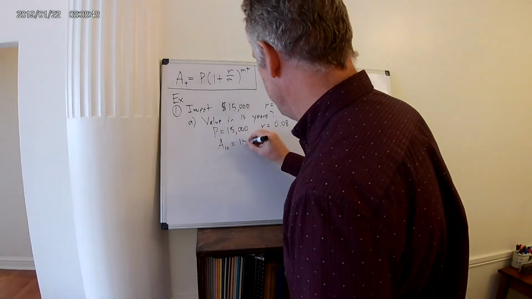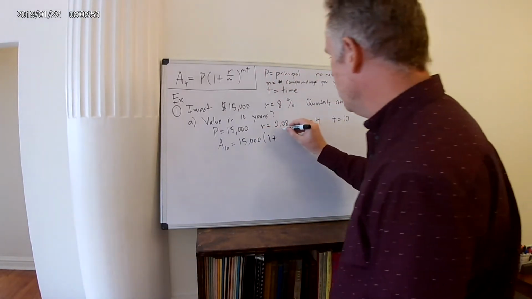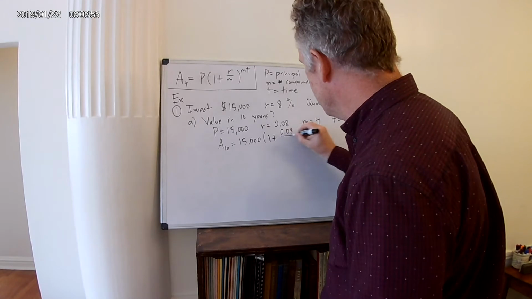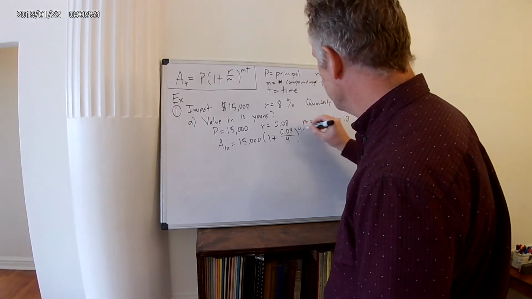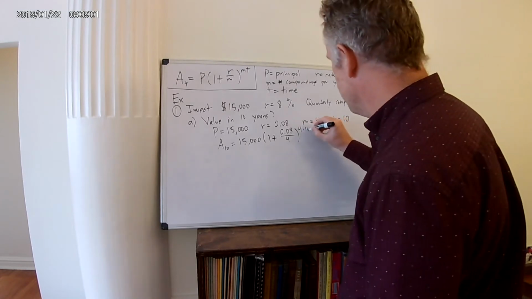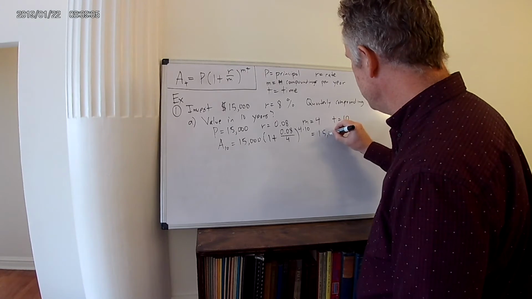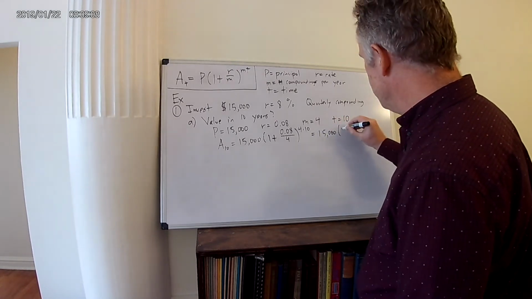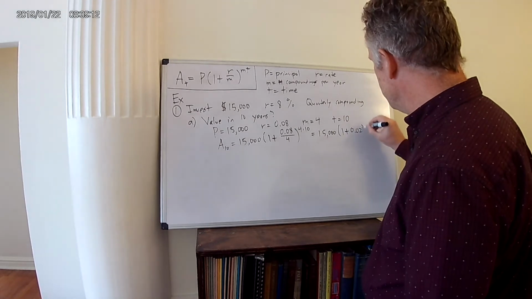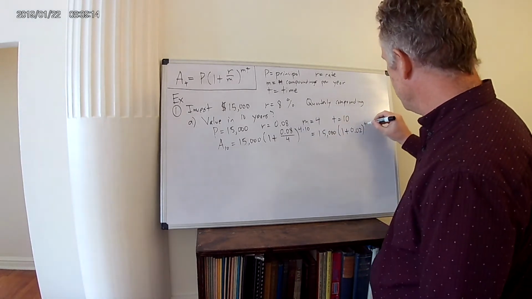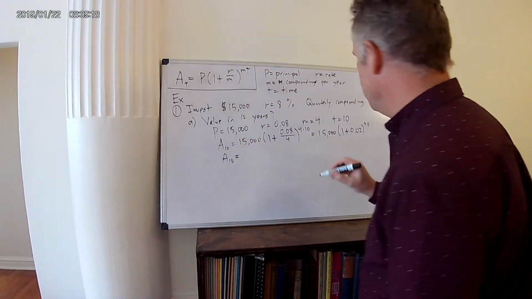So now the future value of my account, A10, the value after 10 years, is equal to 15,000 times 1 plus my rate, which is 0.08, divided by m, which is 4, raised to the 4 times t, which is 10. I'm just plugging in numbers. Let's simplify this. 0.08 divided by 4 is 0.02. 4 times 10 is 40.